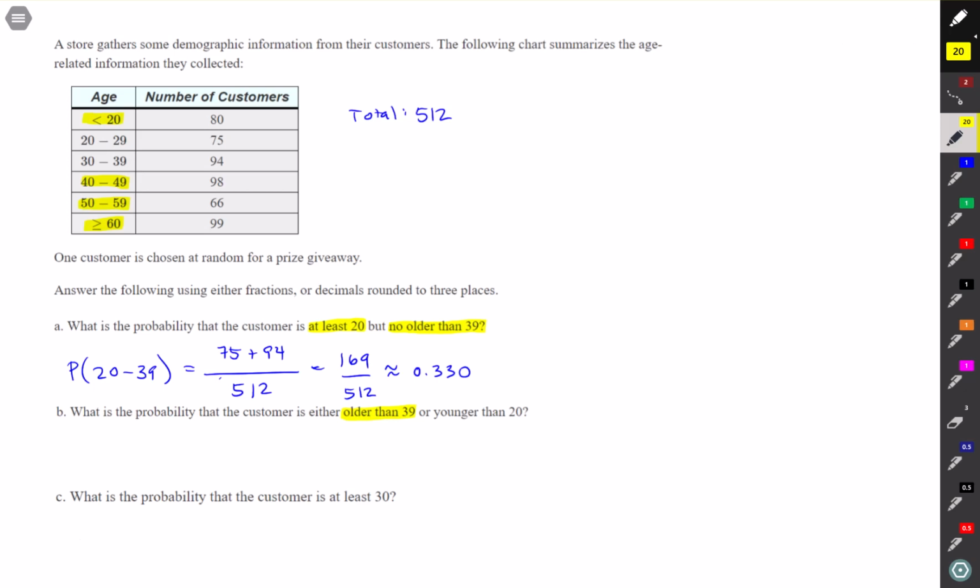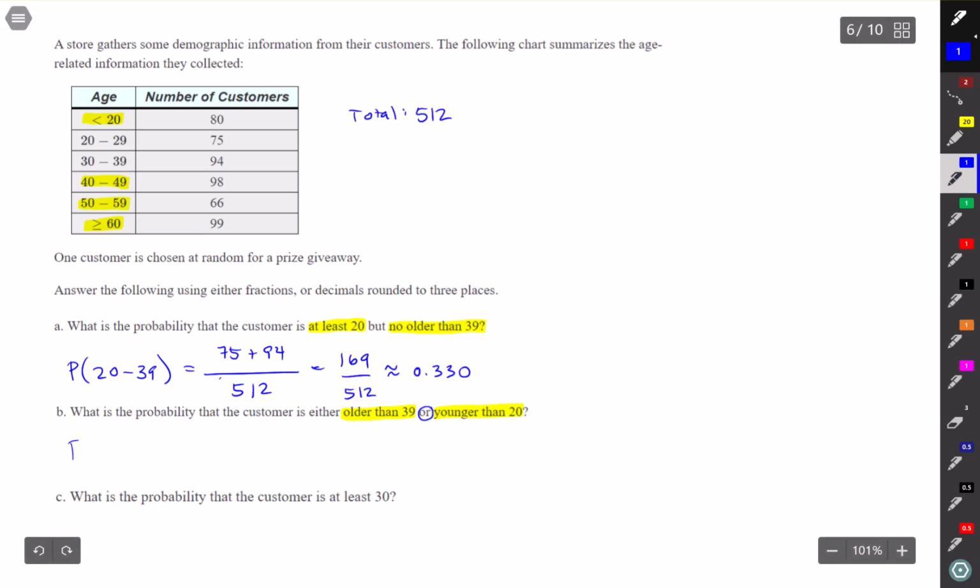So for this, remember, when we take two events and we join them together with the word or, we add those events together. So the probability that they are older than 39 or younger than 20 is going to be the sum of all these groups.